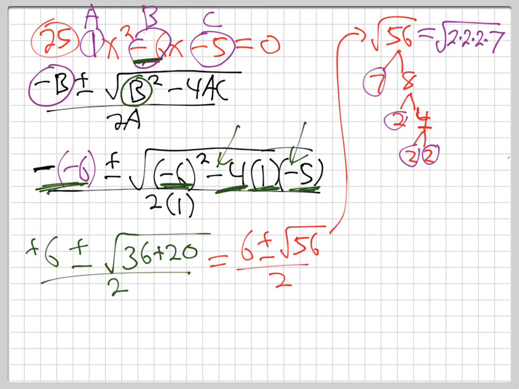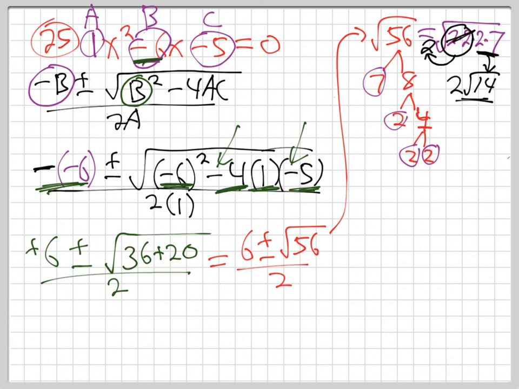And now we're going to do a 2 for 1, because that's what square roots do. 2 in, 1 out. 2 2's in, 1 2 out, and they're gone. So that's a 2 on the outside. What's left on the inside that couldn't come out? 14. 2 times 7. So it becomes 2 root 14. Root 56 is 2 root 14.